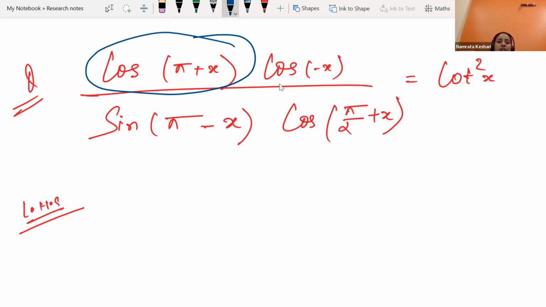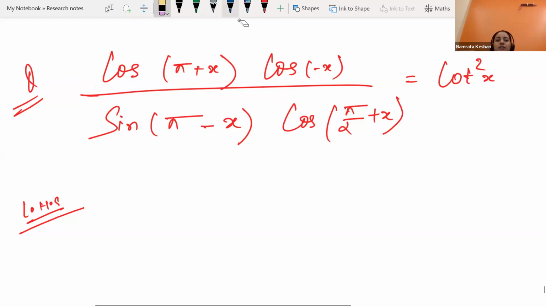Is it sine theta? Is it cos theta? Is it minus sine theta? Is it minus cos theta? Ma'am, minus cos x. Minus cos x. Ali, is it minus cos x?